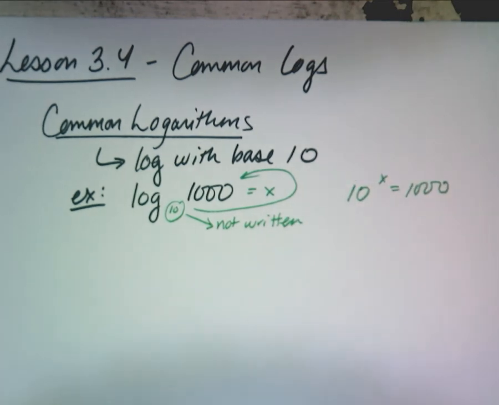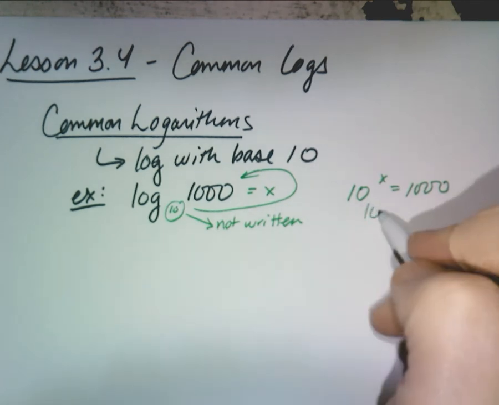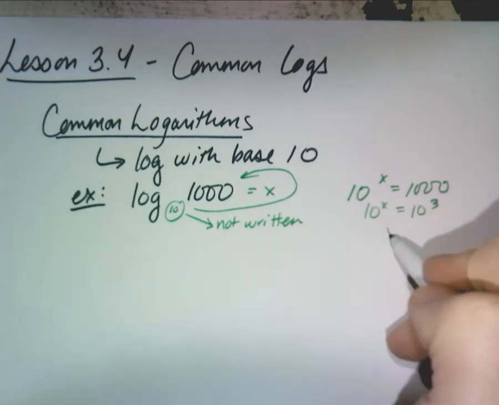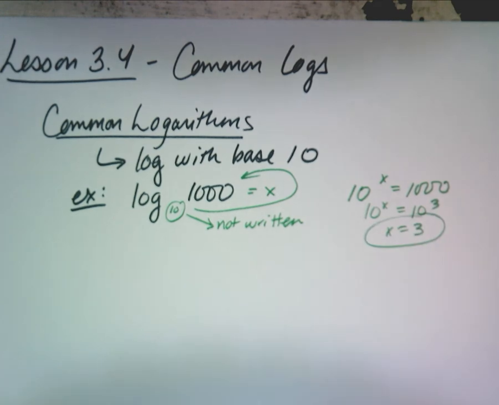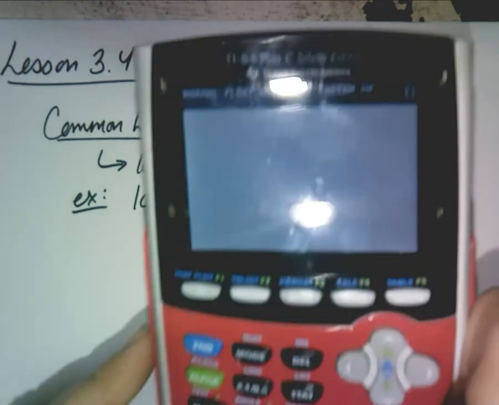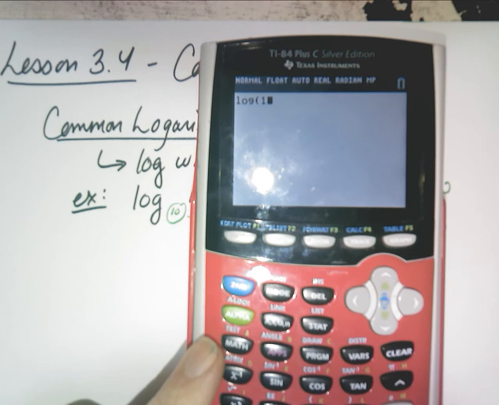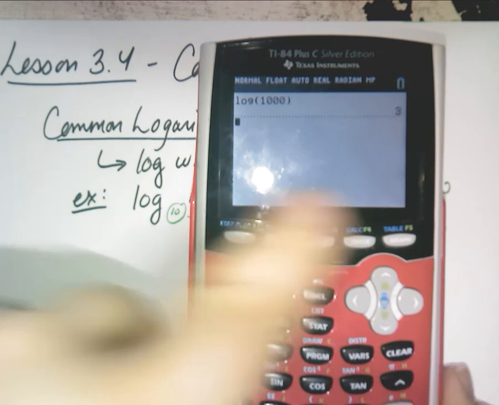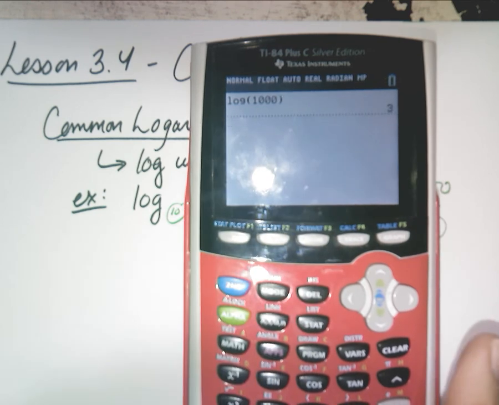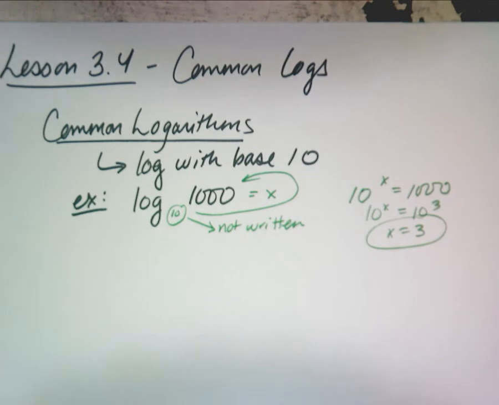What would x be then? We just took a whole test on this. 3, right? 10 to the x equals 10 to the 3. X is 3. And you can check it in your calculator just to show you. Just hit log 1000, 3. It's really cool. Okay, it's helpful in so many ways.